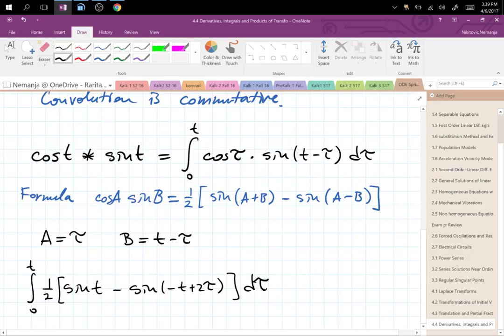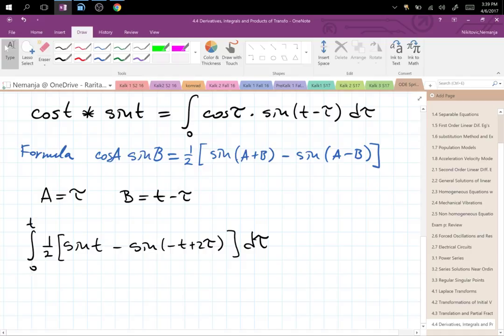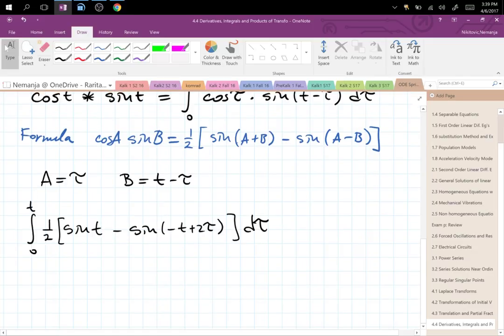That's what I said. Thank you. Good. So I could have written it as 2 tau minus t. There we go. So now we kick 1/2 in front.